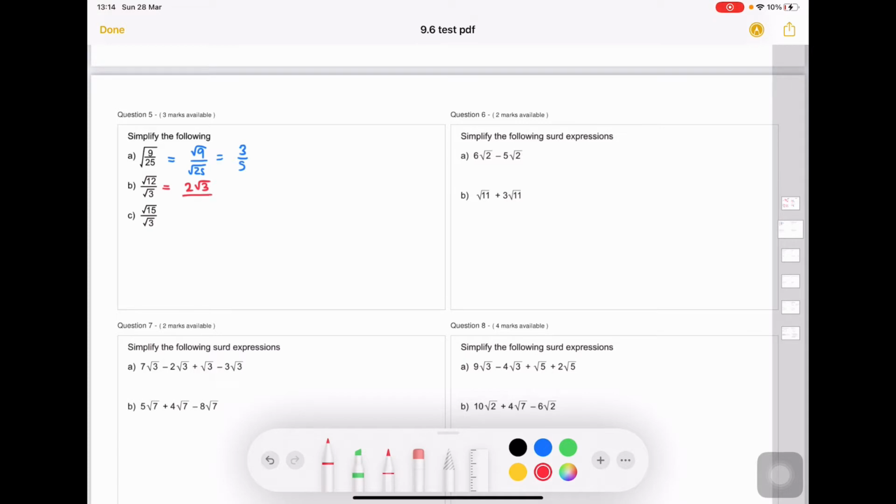over root 3. Now, just like with any other fraction, these two values cancel out. And the answer is just 2.